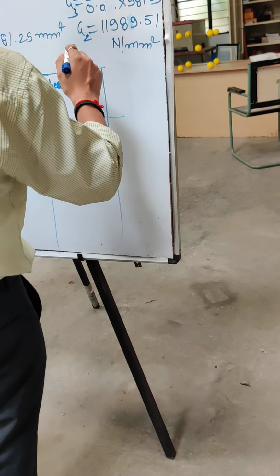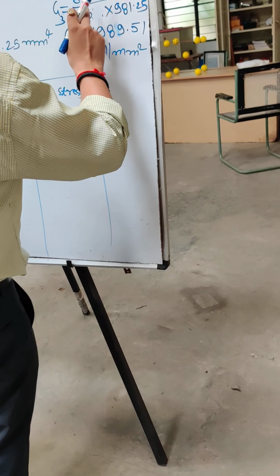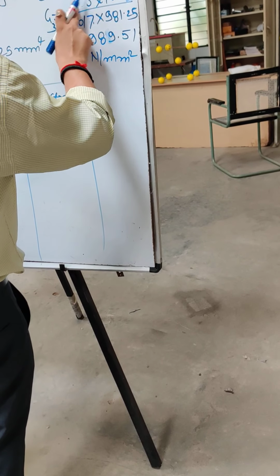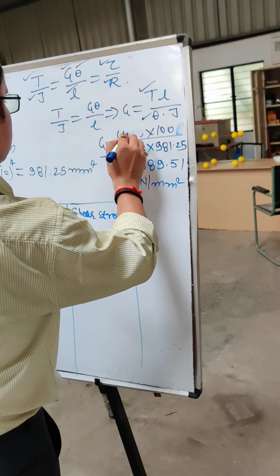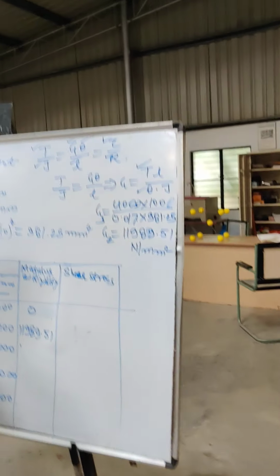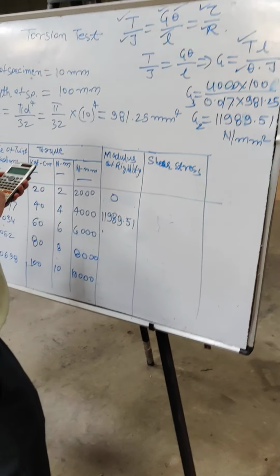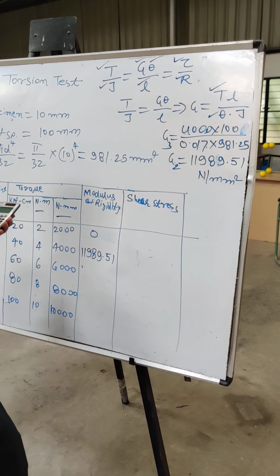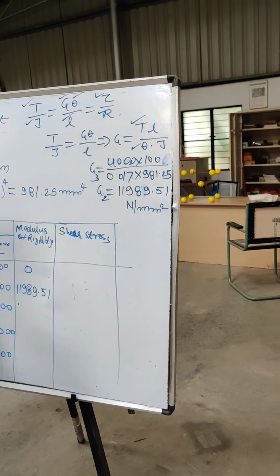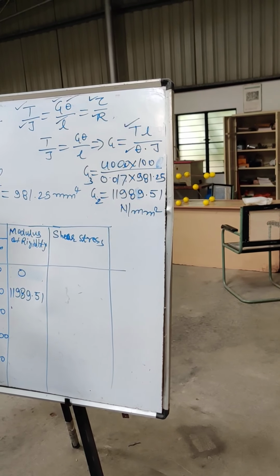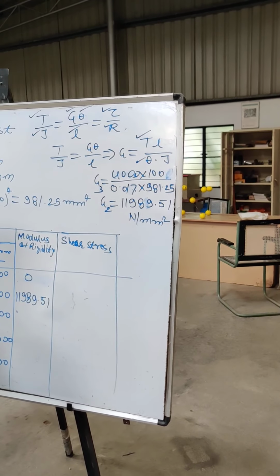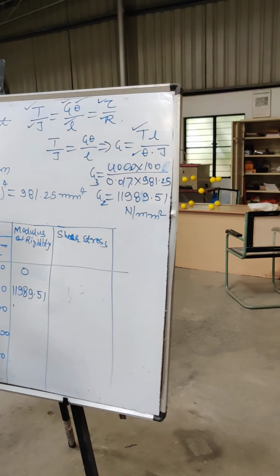For 6000, okay, 0.017. There is some mistake, so please take 4000. So 4000 into 100 divided by 0.017 into 981.25.